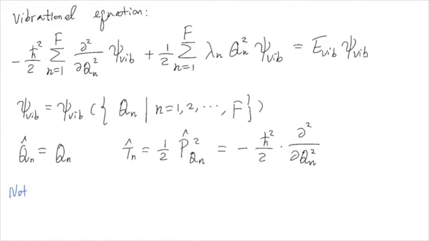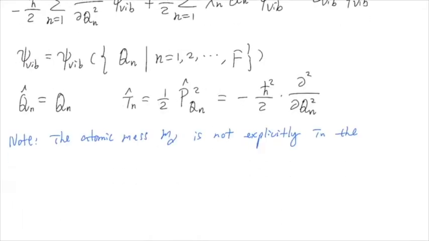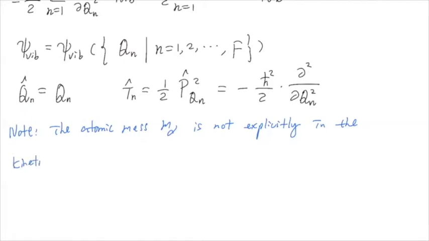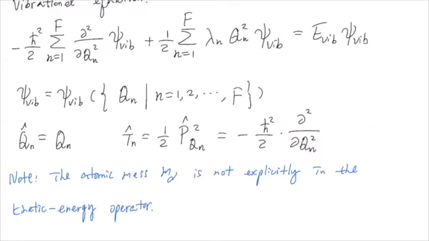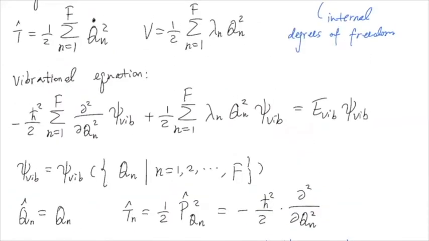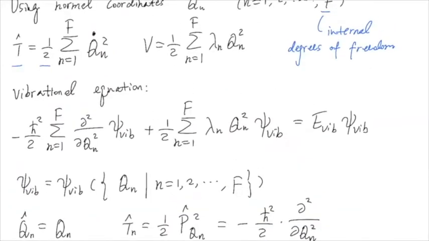Note that the atomic mass m alpha is not explicitly in the kinetic energy operator. Because let's see, what is the kinetic energy? Kinetic energy is simply 1 over 2 times the coordinate dQ/dt squared.